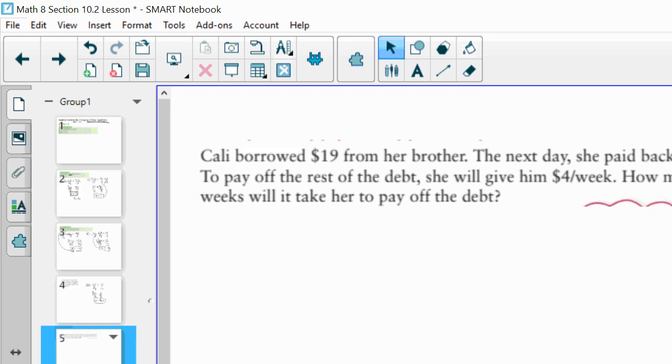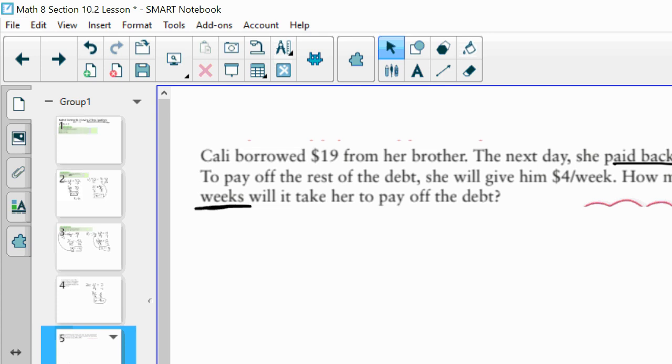But she's also already paid on top of that, the $3. And all of that payment, this 4W and the 3, shows how much she's going to be paying. That all has to add up to $19 that she's paying back. Okay, so here's our equation. From this, we can make this equation.